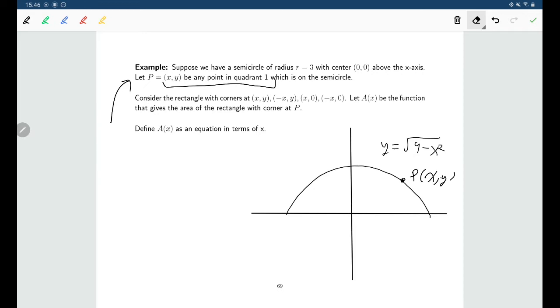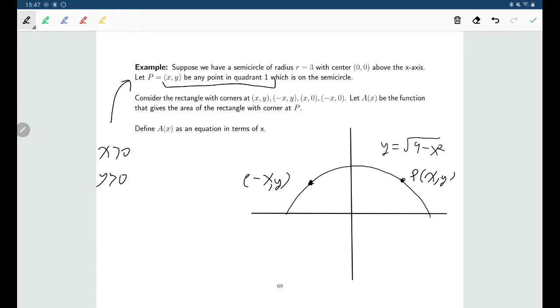All right. So now the next part is that we're going to take our point and use it to generate a rectangle. It says, consider the rectangle with the corners at x, y. Then there's negative x, y, which would be the mirror image reflected across the y-axis.